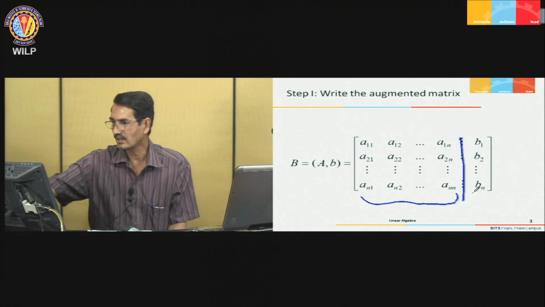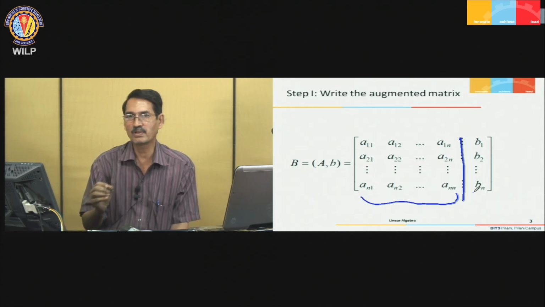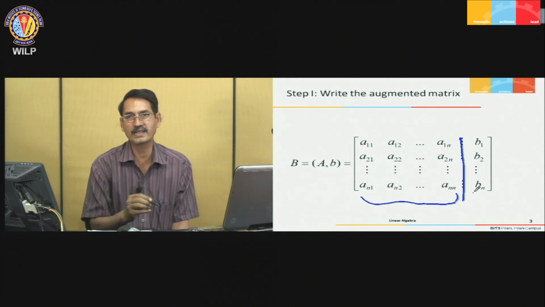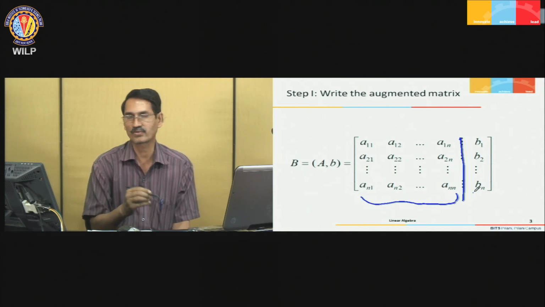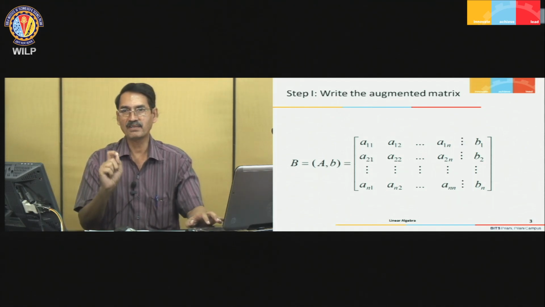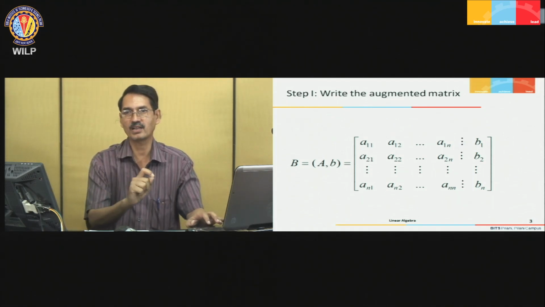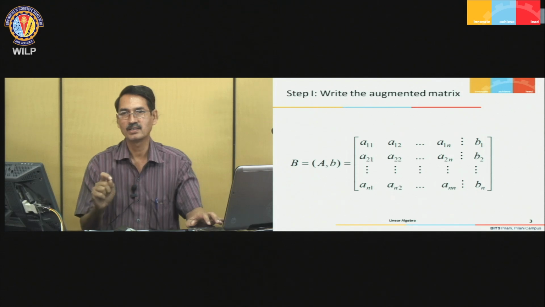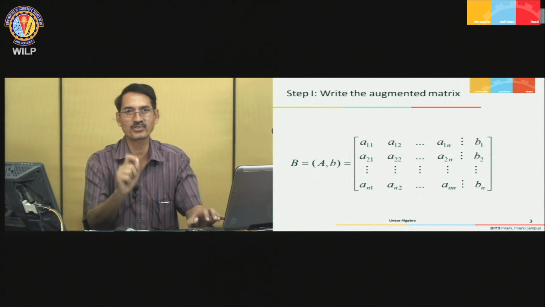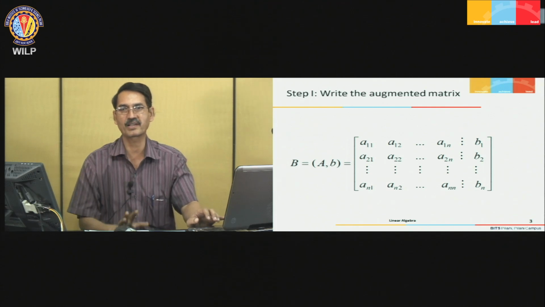So, in this way we are in a position to write the associated augmented matrix of the linear system of equations. I believe that if n equations, n unknowns are given, then you can write the associated augmented matrix immediately.